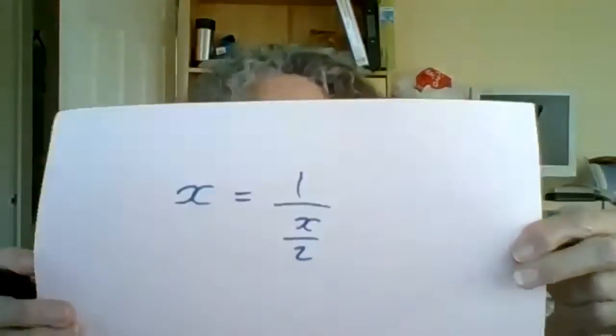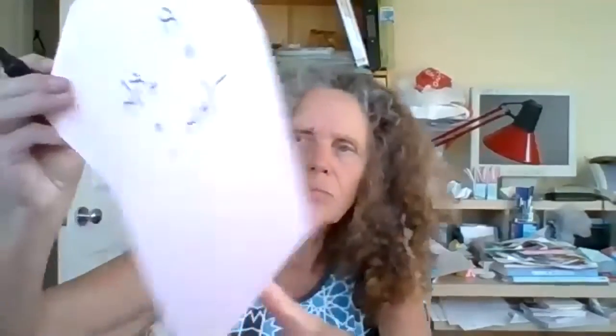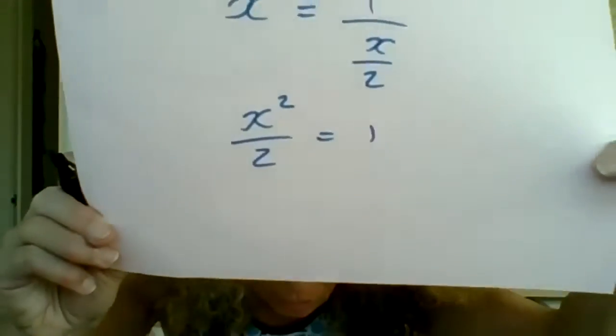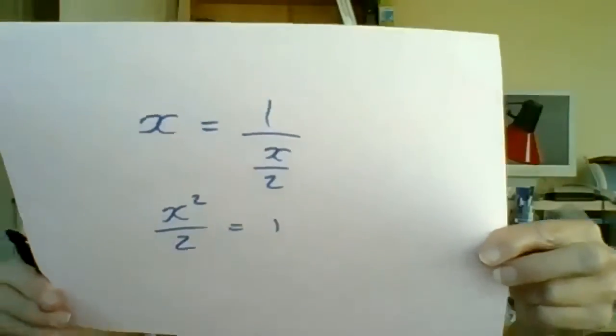So if you write down that equality, I get X is the same as 1 divided by a half X. If I multiply both sides by a half X, I hope you're managing to see this, I've got half X squared is 1, which means, of course, that X squared must be 2.